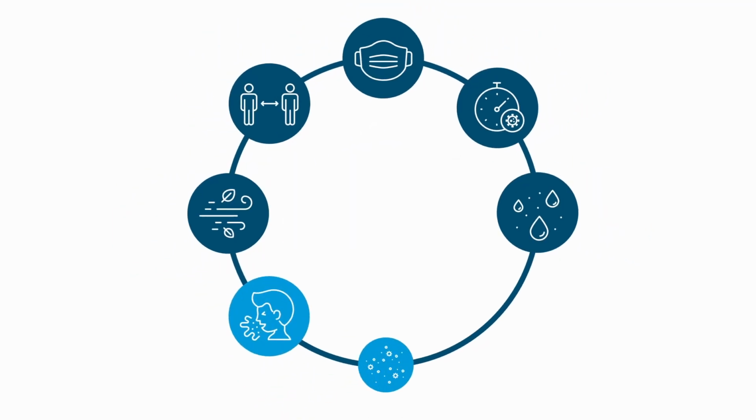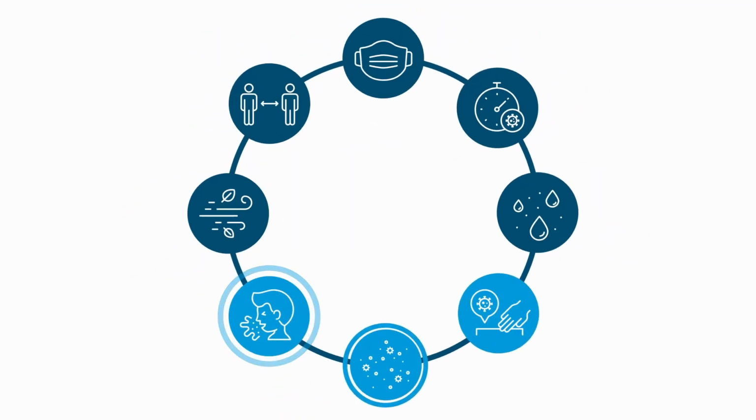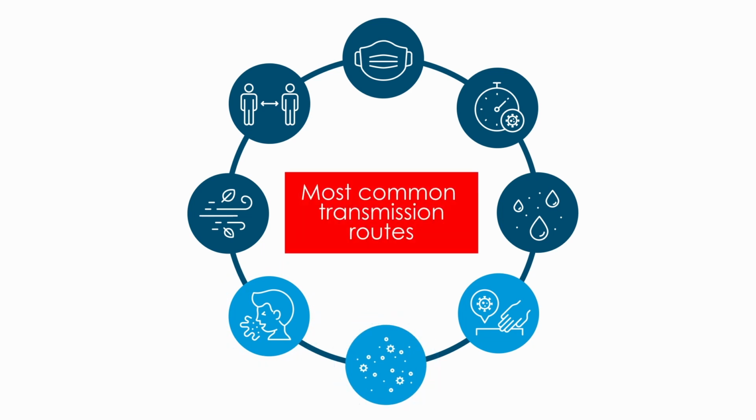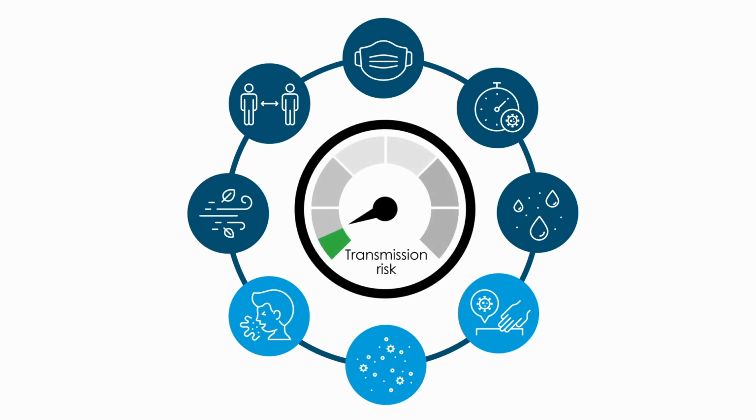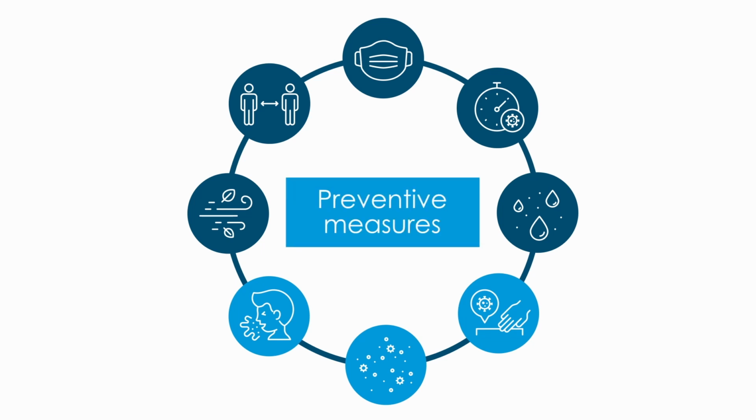These examples consider droplet and aerosol transmission of the virus, as they are the most common transmission routes and present situations of maximum risk. Furthermore, they will help you learn about the most appropriate preventative measures in terms of ventilation, safety distance, use of face mask, and exposure time.